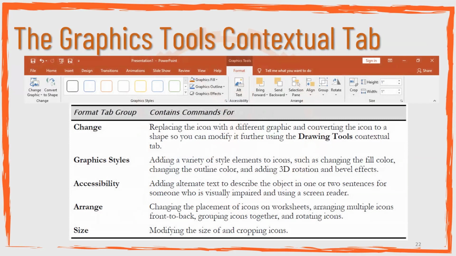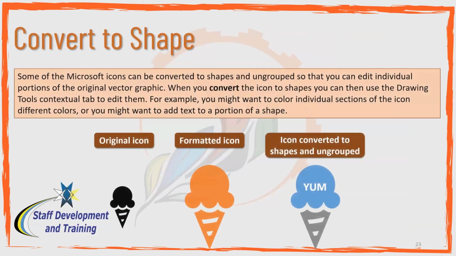So again, talking about contexture tabs, this focuses on the graphical tools contexture tab. If you feel inclined to enhance a text box or a shape, you can go into your graphical tools contexture tab once you select it, and these are the following command groups and commands that you can take advantage of. Converting shapes.